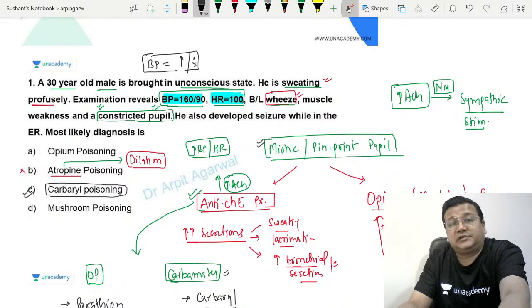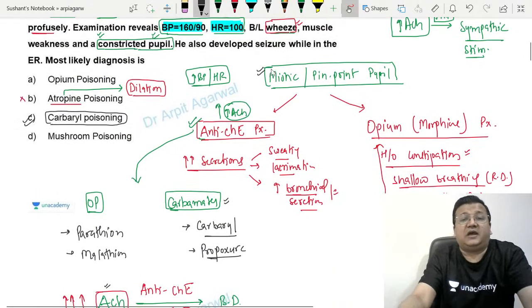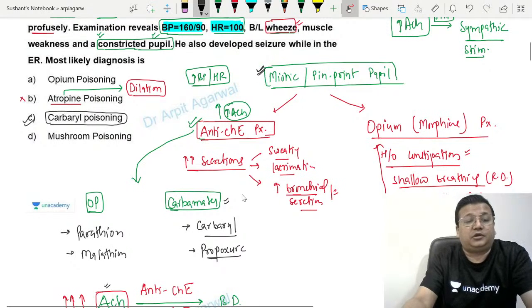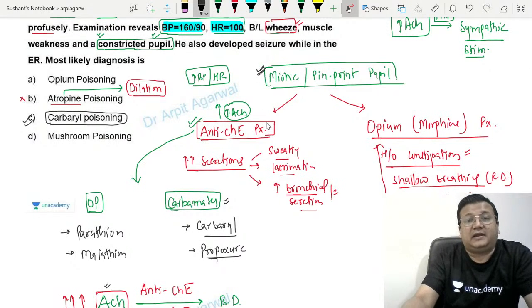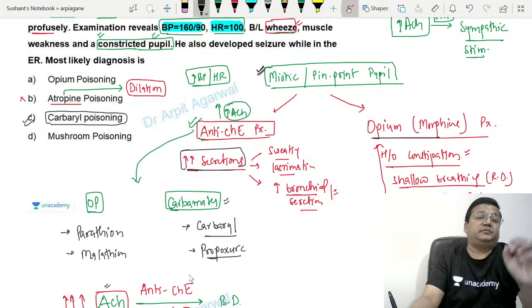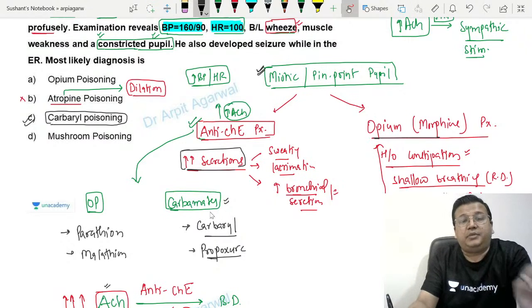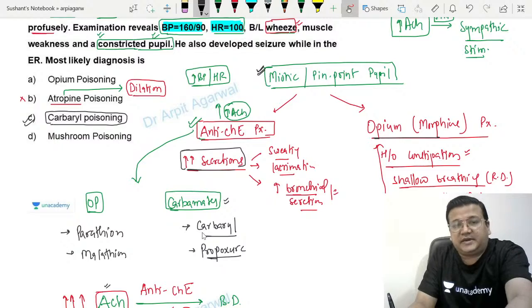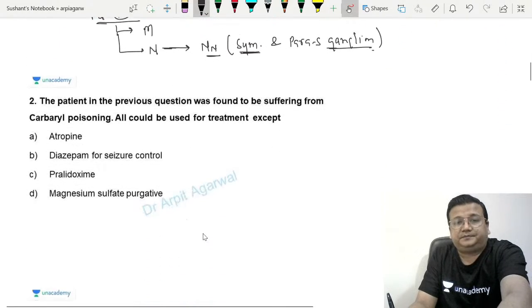If you have a miotic pupil, you are looking at either increase or decrease in secretions. If there is increase in secretions, you are looking at anticholinesterase poisoning, no matter what the BP or heart rate is.